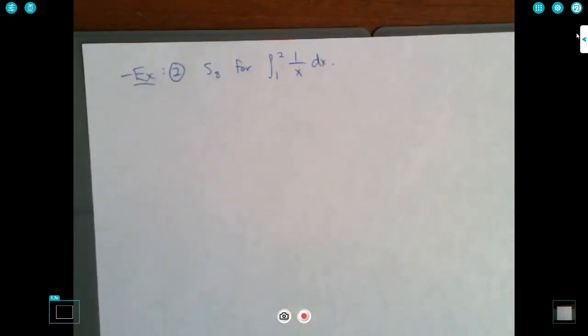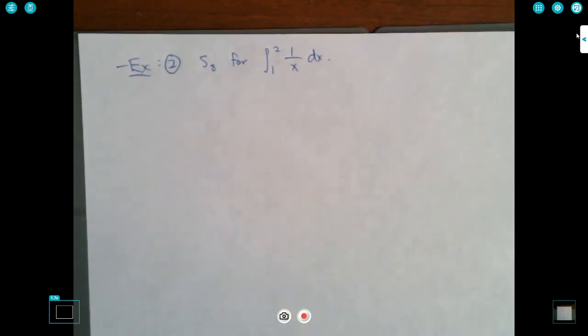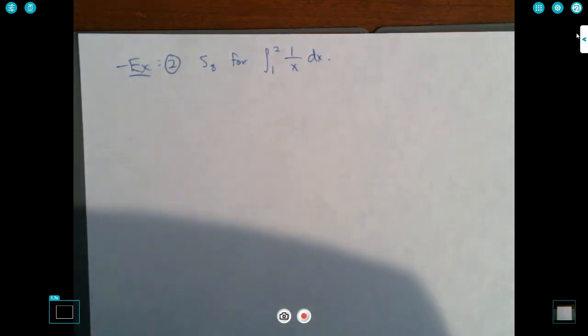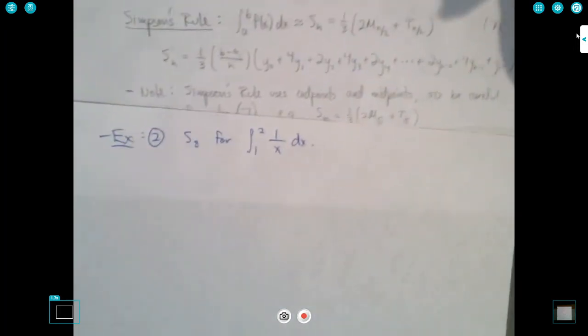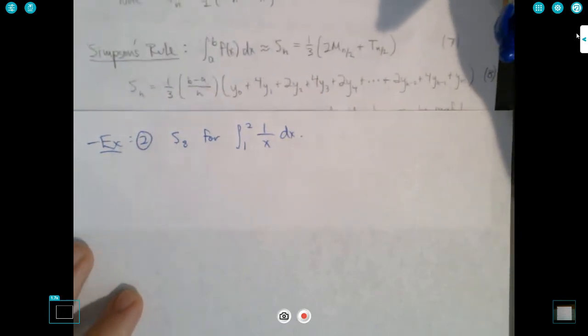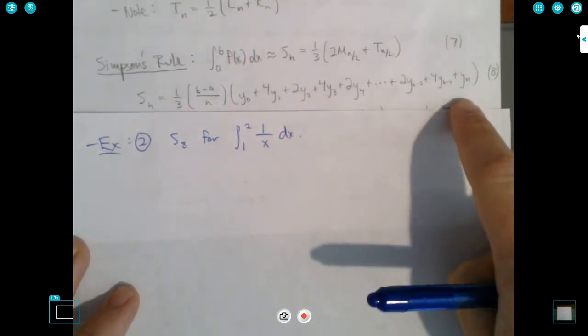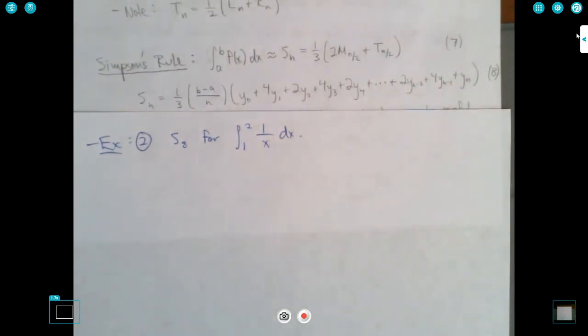Okay, using Formula 8 this time, so that we don't have to find the midpoint and trapezoidal approximations first. So let's remind ourselves what Formula 8 looks like. Okay, so Formula 8 is this bad boy here. Okay, so here goes nothing.